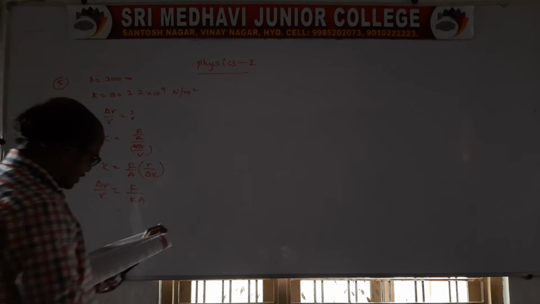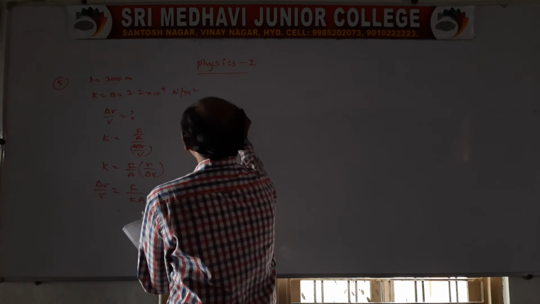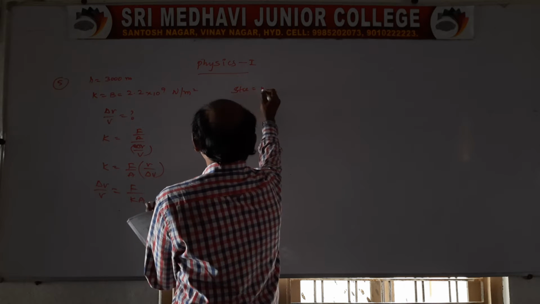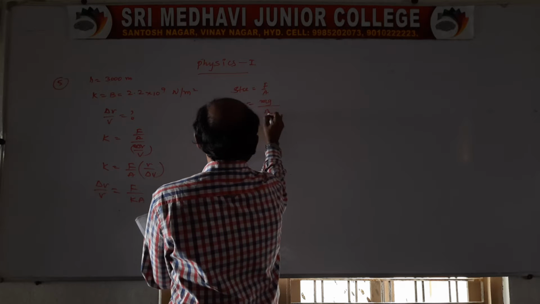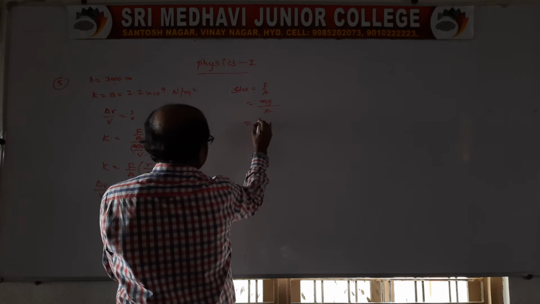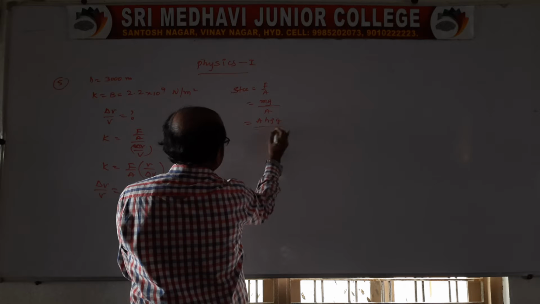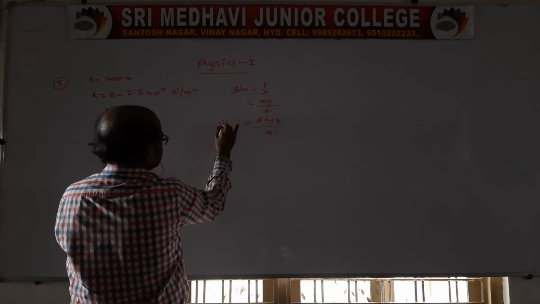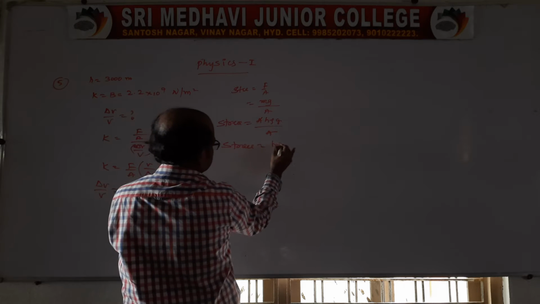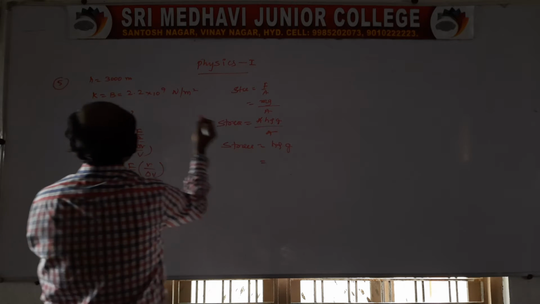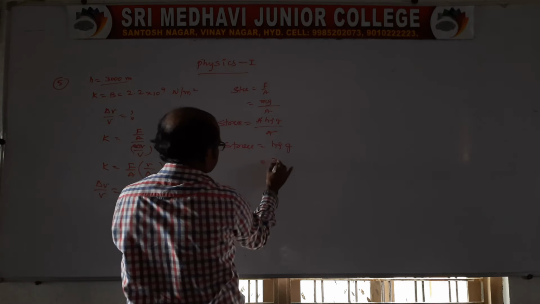Stress is F by A, which is nothing but mg by A. Here m we can write as A h rho, so mg by A becomes h rho g. So stress is equal to h rho g. H is given, of course 3000.